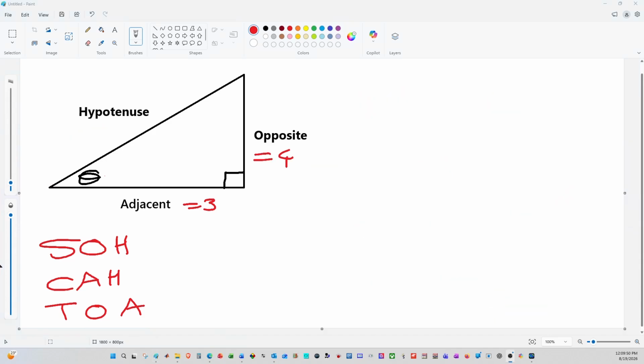For my very last iteration, let's say that we've been given the value of the adjacent and the value of the opposite, and we would like to calculate the value of theta. We're working with the opposite and the adjacent, and the only formula where that comes together is with the tan of theta. So the tan of theta is calculated as the opposite over the adjacent.